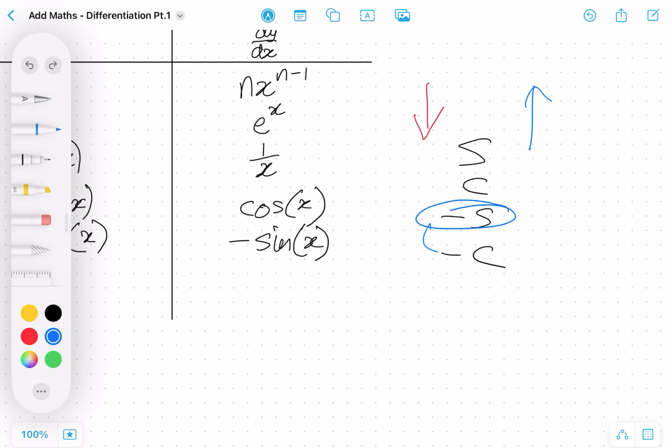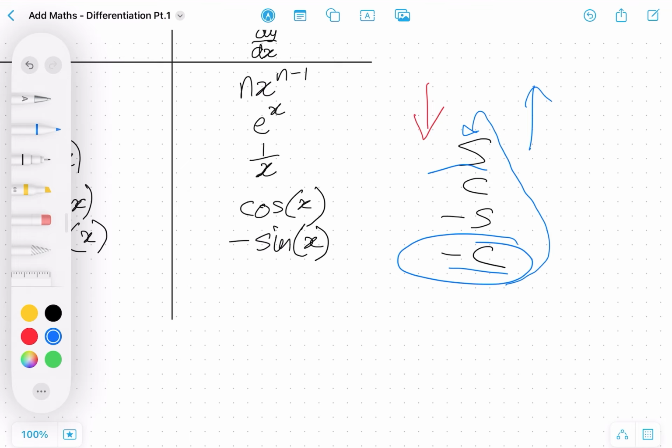And finally, for negative cosine, we have nothing below it, so we go right back up to the top. It's kind of like a cycle. So negative cosine differentiates to sine x. That's how you would remember the rule for differentiating sine and cosine.